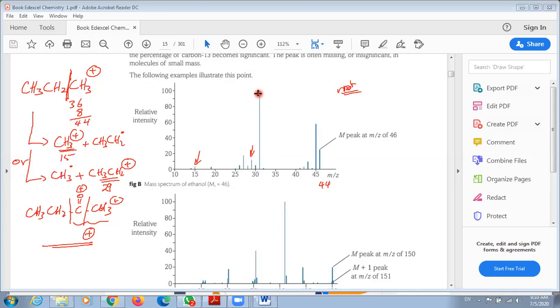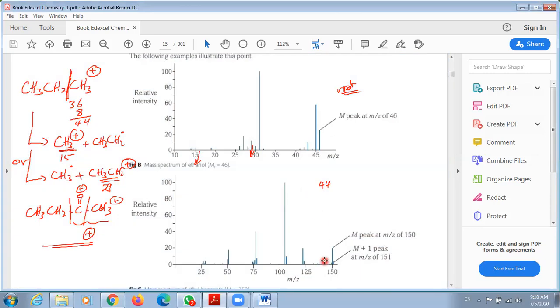Sometimes, beside the molecular ion peak, you get a very, very small peak at m+1. It means after the molecular mass by 1. We call it the m+1 peak. It's because organic molecules are formed from carbon atoms, and carbon atoms have two isotopes, carbon 12 and carbon 13.